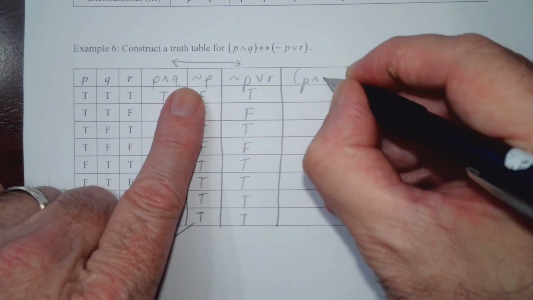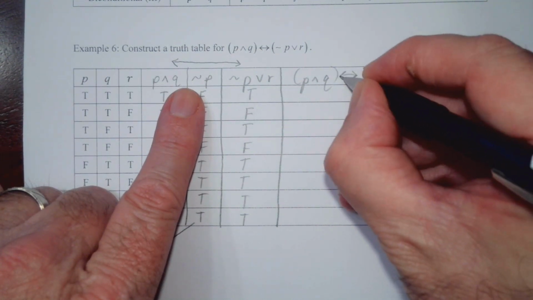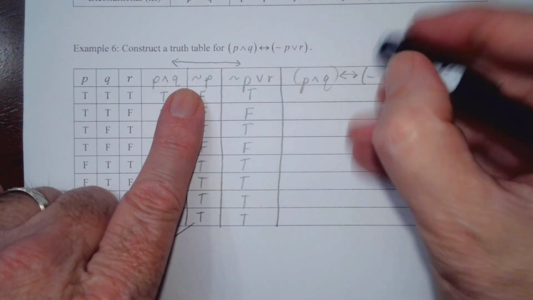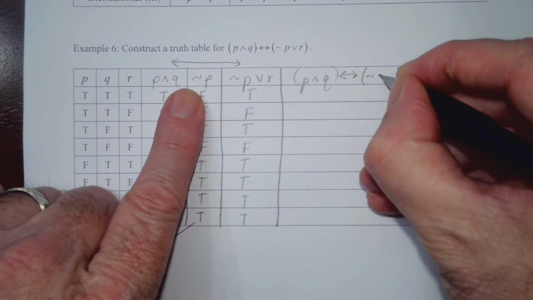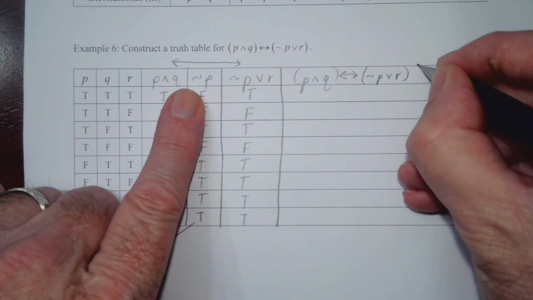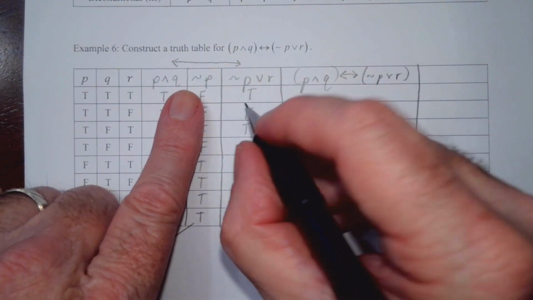It's P and Q if and only if not P or R. So that's basically our last column.